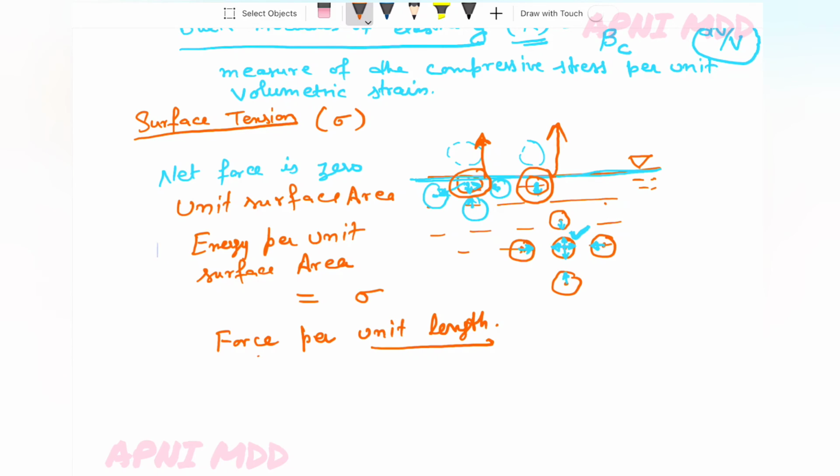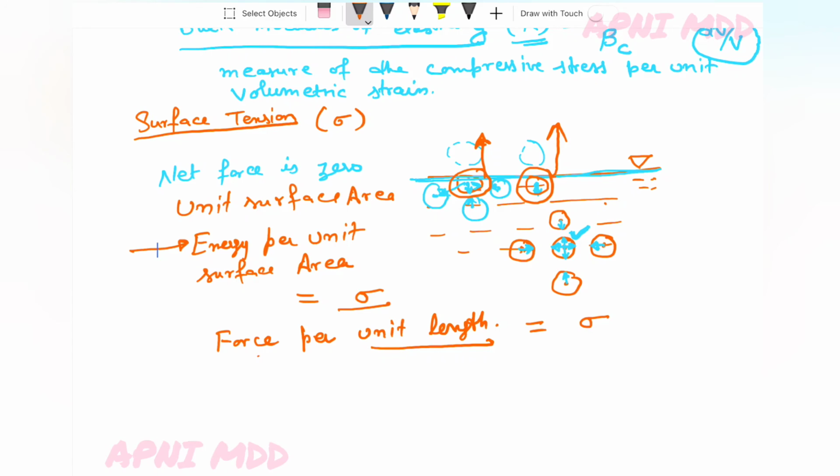So force per unit length, that we also call surface tension. Okay. So if we conclude this, we can say the energy per unit surface area, that energy to take the molecules out from the surface per unit surface area, we call surface tension.